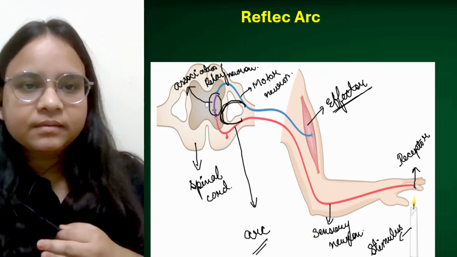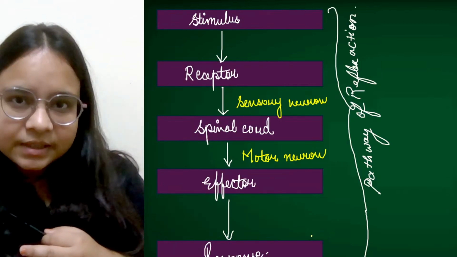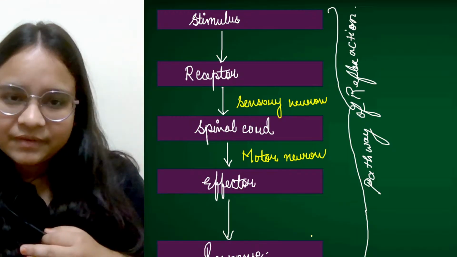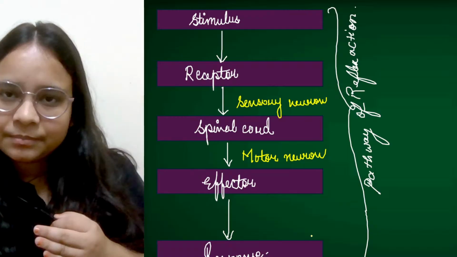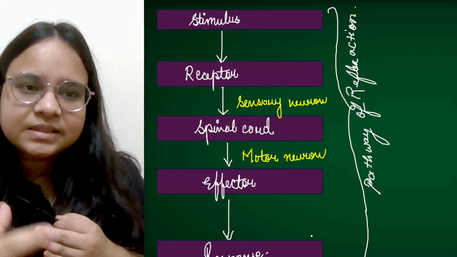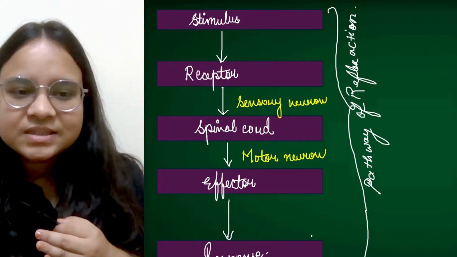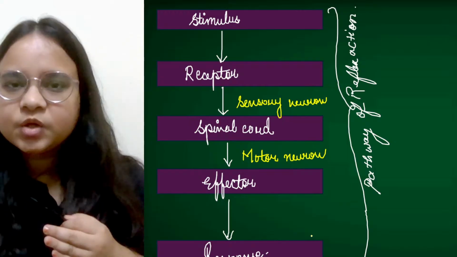Then this is the reflex arc. We have also documented the pathway of a reflex action. First you receive the stimulus, then the receptor, basically your skin cells or the epithelial cells, receives the stimulus, then it sends it to the spinal cord through the sensory neuron. Sensory neuron, what does it do?